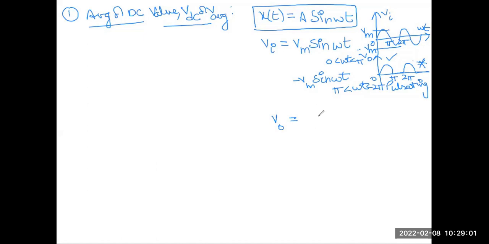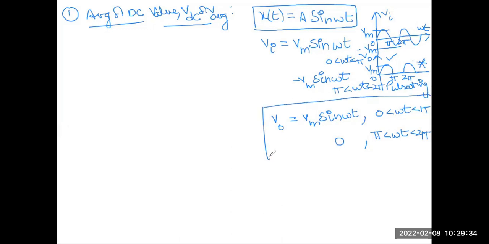So V0 is equal to Vm sin omega t, where the maximum voltage is also Vm here, and this exists for 0 to pi. And for the period pi to 2 pi, it is 0. This is how we define our output signal.